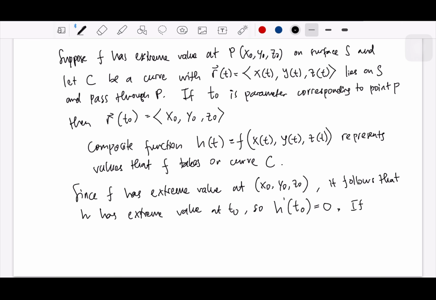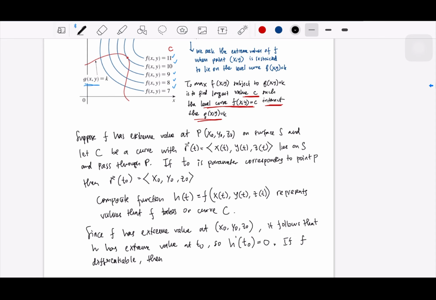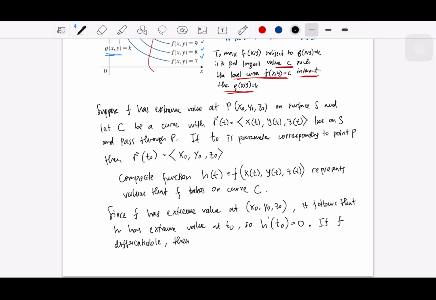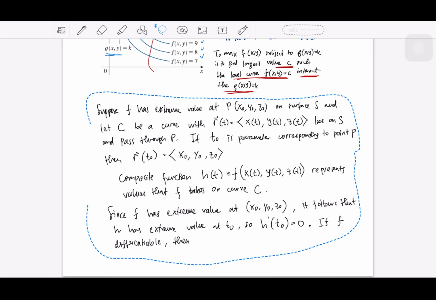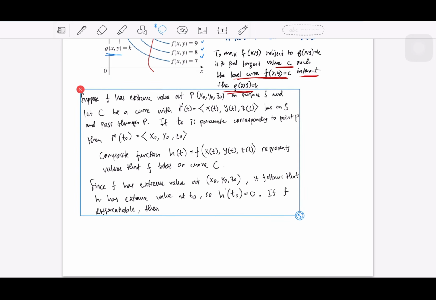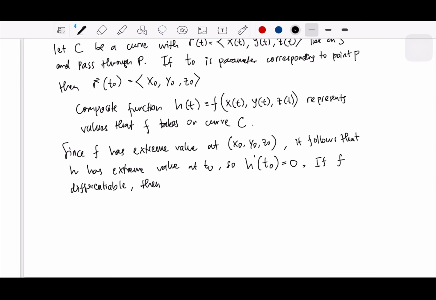If f is differentiable, then we can write down the chain rule.